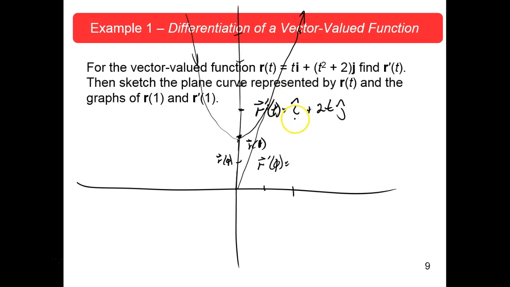It would be I, wouldn't it? Because it's I plus 2tj and t is equal to 0.